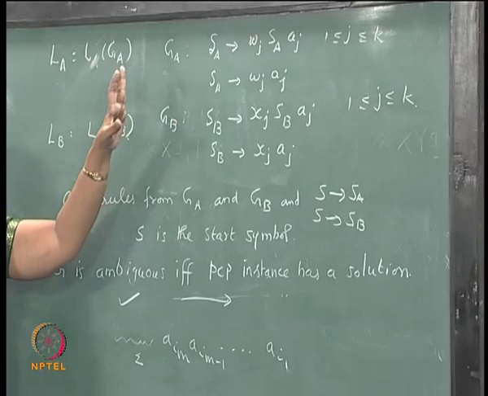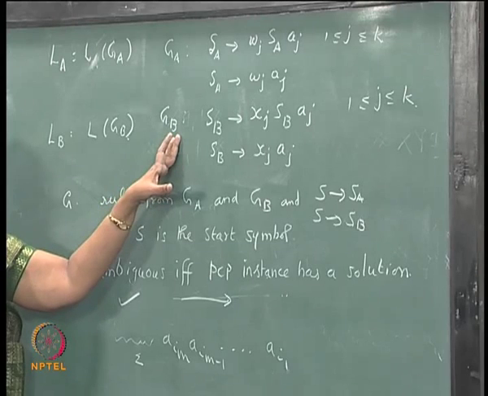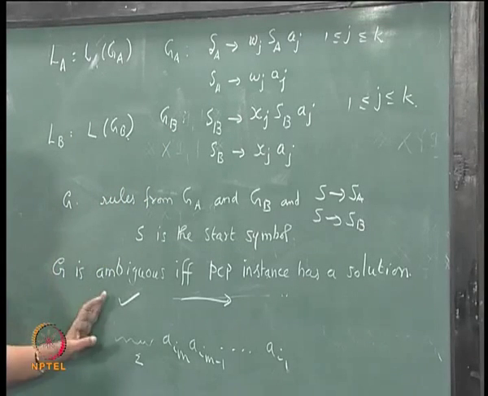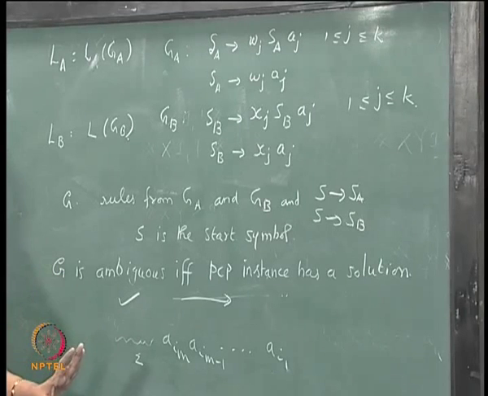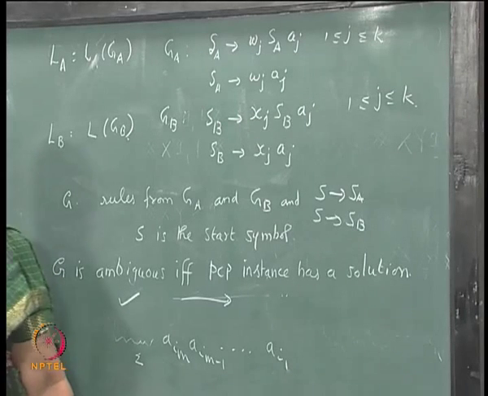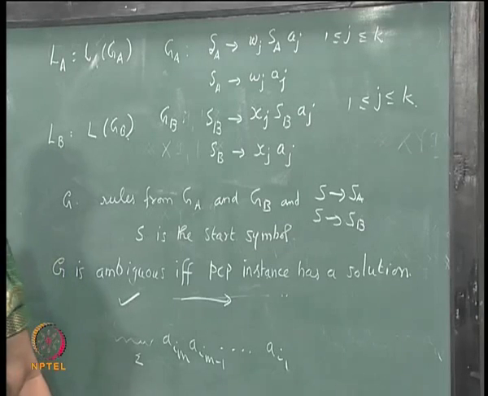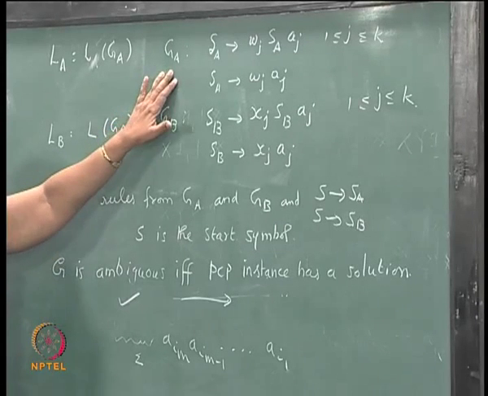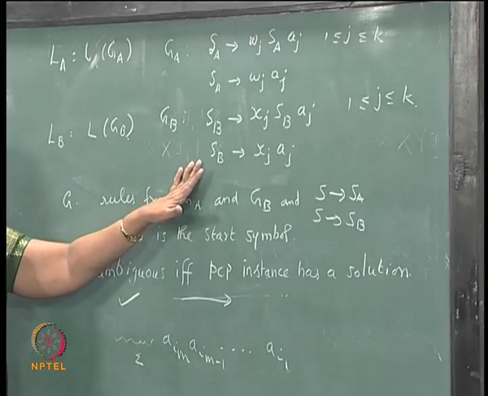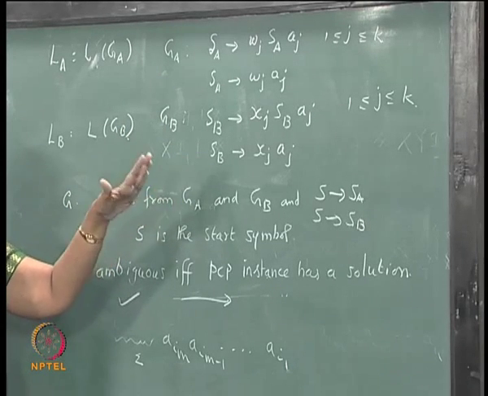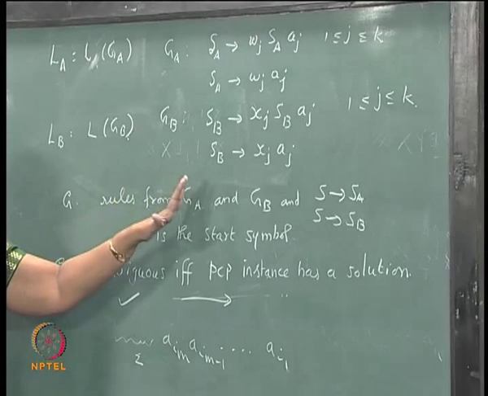There is only one derivation possible for any such string in G_A. Similarly, only one derivation is possible in G_B. So, if the grammar is ambiguous, that means at least two derivations should be possible. And we know that for any string only one derivation is possible in G_A and only one in G_B. So, if there are two derivations, there should be one derivation in G_A and one in G_B.